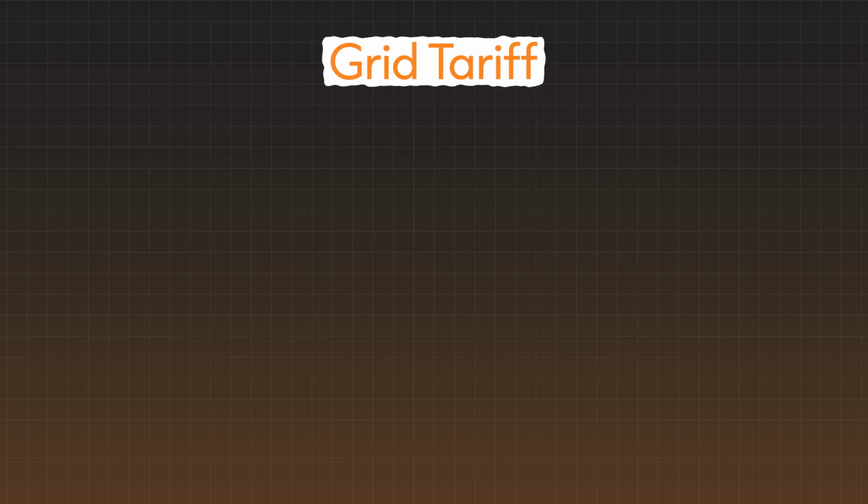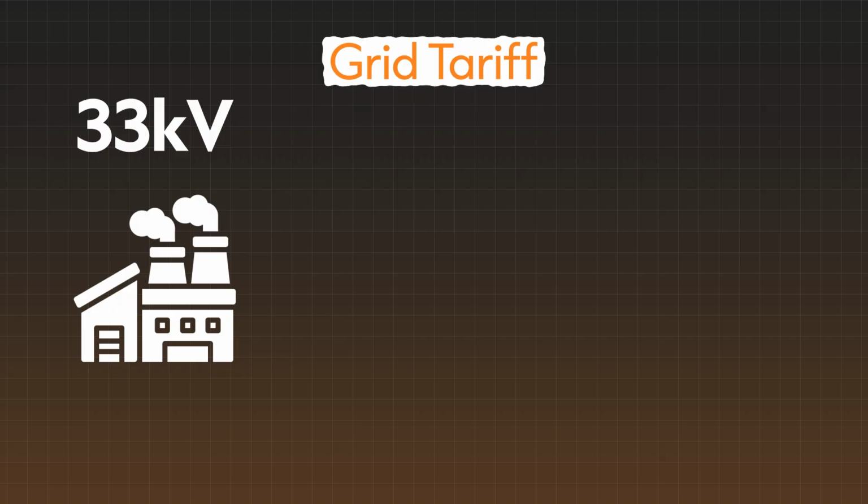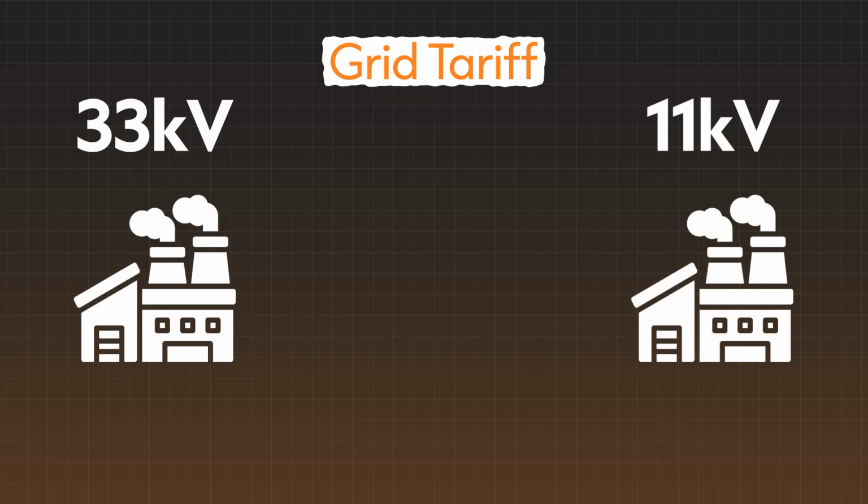For example, a consumer at 33 kV versus 11 kV probably pays a lesser grid tariff, and the savings and the economics are completely different when taking a renewable energy solution. So it's very important to check at what voltage level you are connected, and then look at the developer proposal to calculate and validate your savings and the IRR.